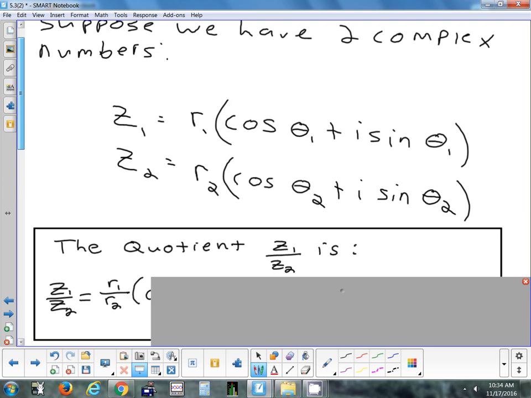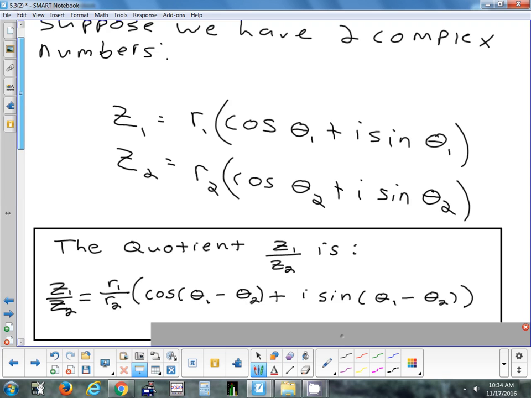Instead of multiplying them, take r1 and divide by r2. And instead of adding the angles, now you're going to subtract them. And with subtraction, it is important you get the order right. It's the first angle minus the second. So whatever the angle is for the number that's on top minus whatever the angle is for the number that's on the bottom.